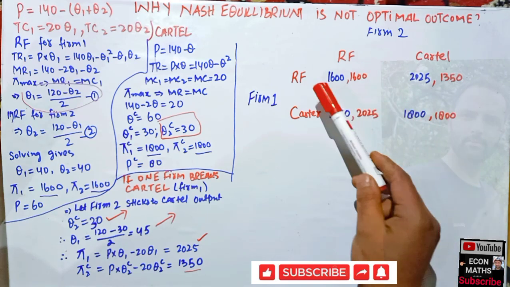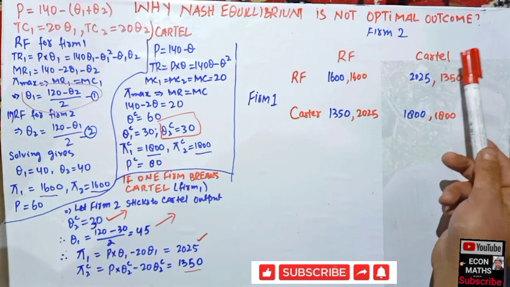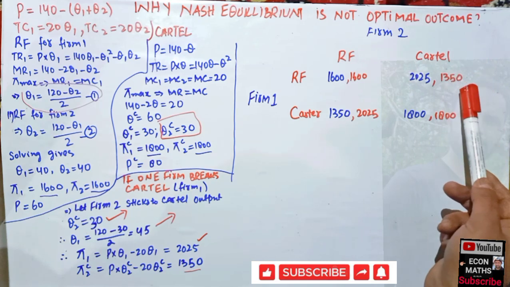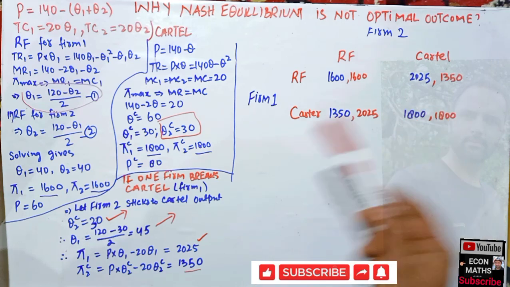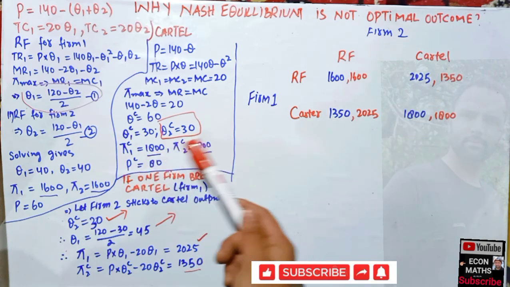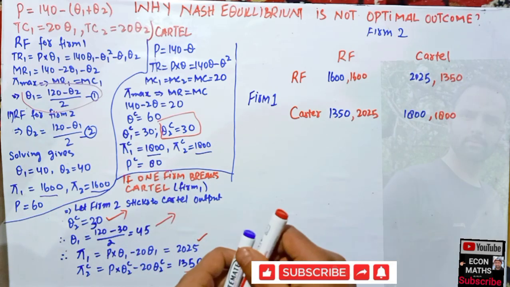Similarly, if firm 1 chooses according to the reaction function, he gets 2025, and firm 2, if producing according to the cartel, gets 1350. Now obviously when both the firms choose to produce according to the cartel, both get 1800 as profit. Now let us see what the Nash equilibrium is here.